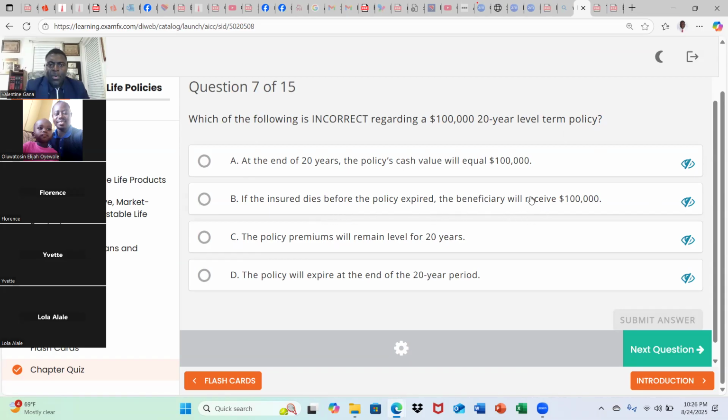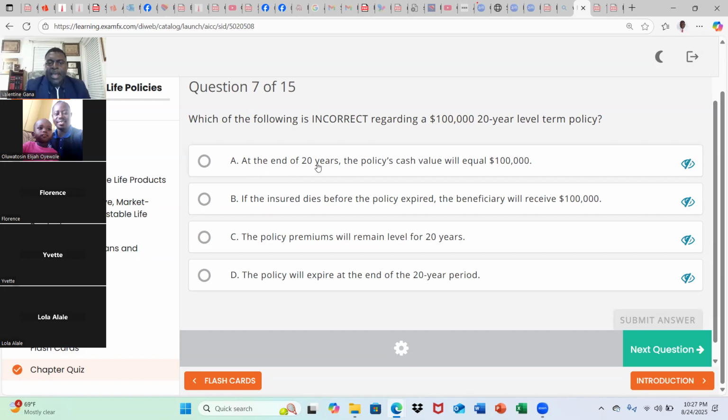Okay, we see. At the end of 20 years, the policy cash value equals 100,000. It does not have cash value, so A should be the incorrect one. Correct.